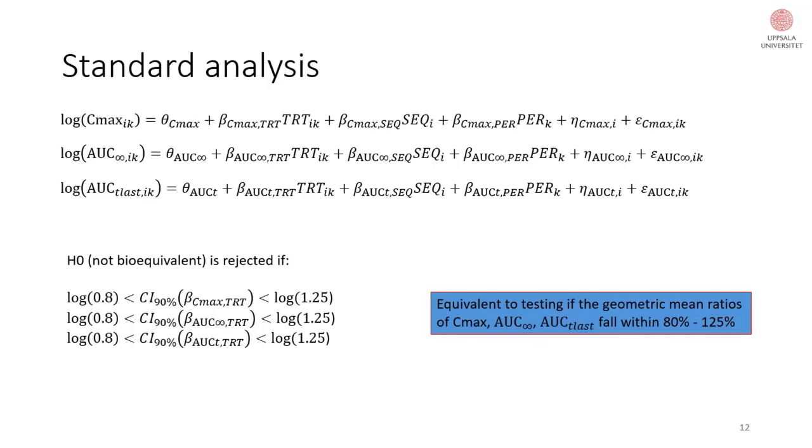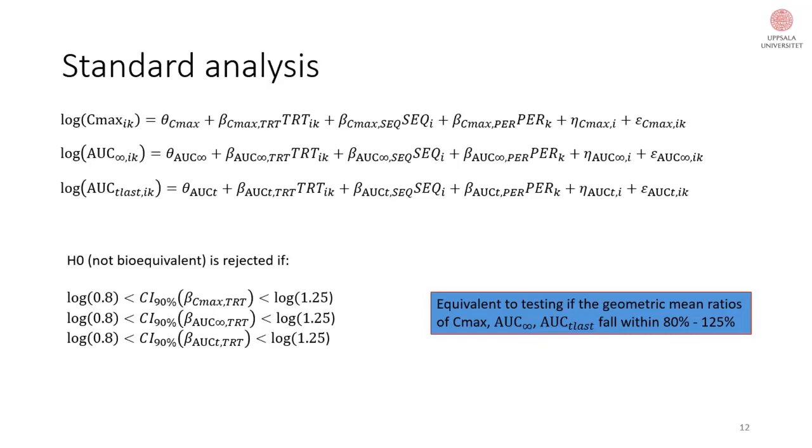And then you can identify these parameters as the treatment parameters, the difference between test and reference. And you can then use uncertainty calculations to compute a 90% confidence interval of this parameter. And that confidence interval should then be within 0.8 and 1.25. And since we're in the log space, we take the log of those values.